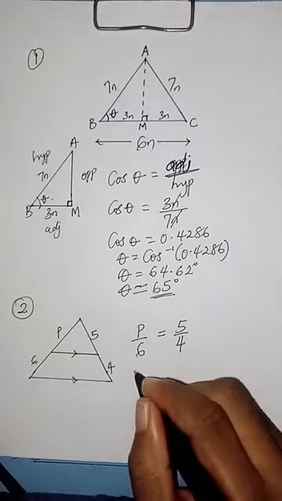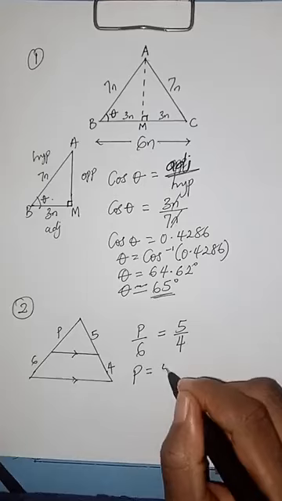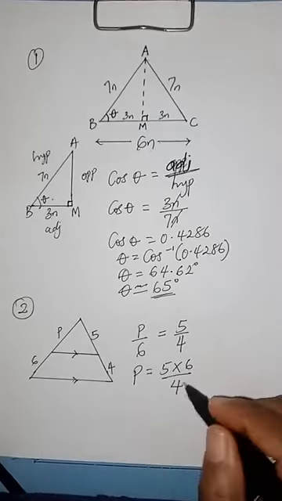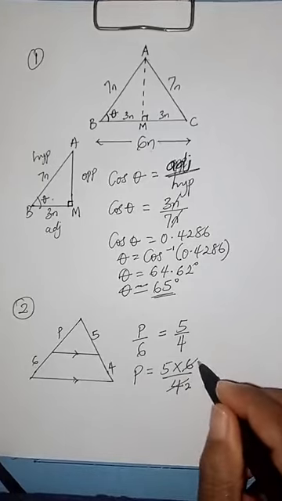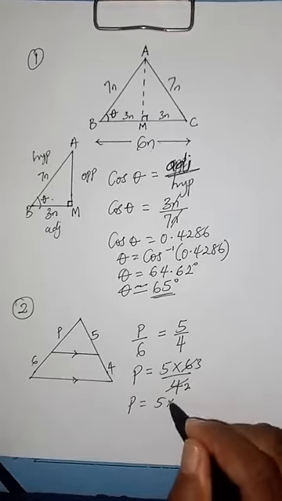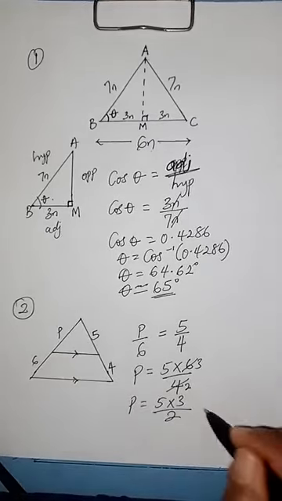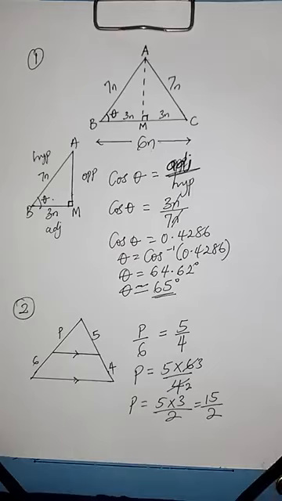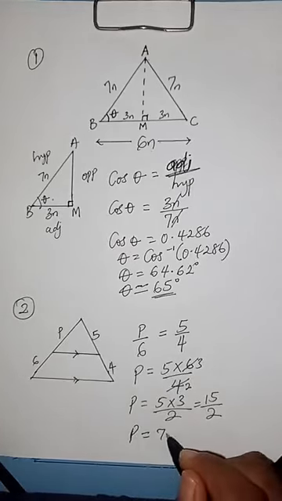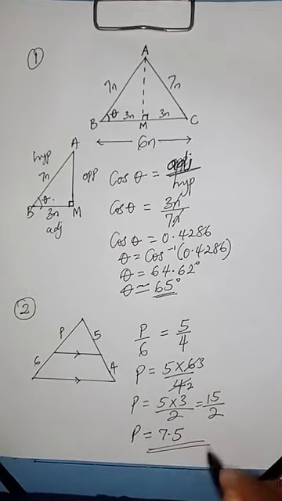You're going to cross multiply to get a value for P, which is 5 multiply 6 divide 4. And if you cancel out, you're going to have 5 multiply 3 divide 2, which gives you 15 divide 2. And that gives P to be 7.5.